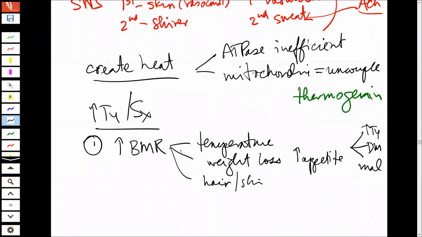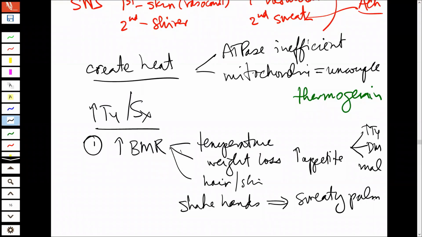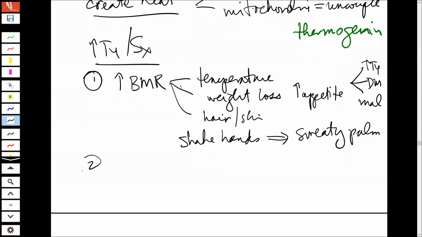But when you're talking about hyperthyroid, when you shake hands, it will always be a sweaty palm. If you shake hands with a woman and it's a nice, cool, dry hand, she isn't hyperthyroid. Okay? Hyperthyroid people get that total response. And then the next thing you can imagine is you're going to have this intimate relationship with the sympathetic nervous system.